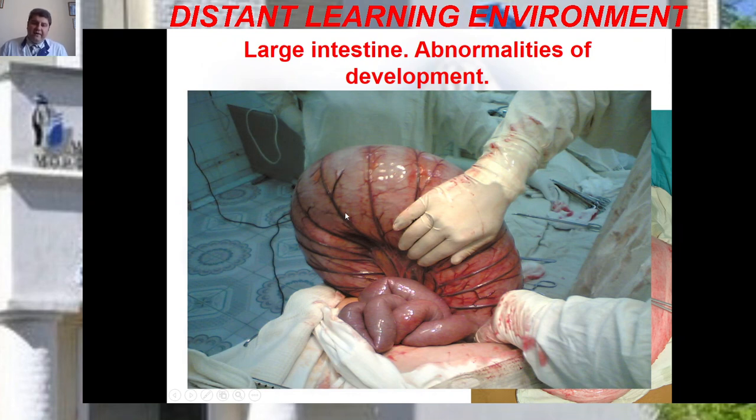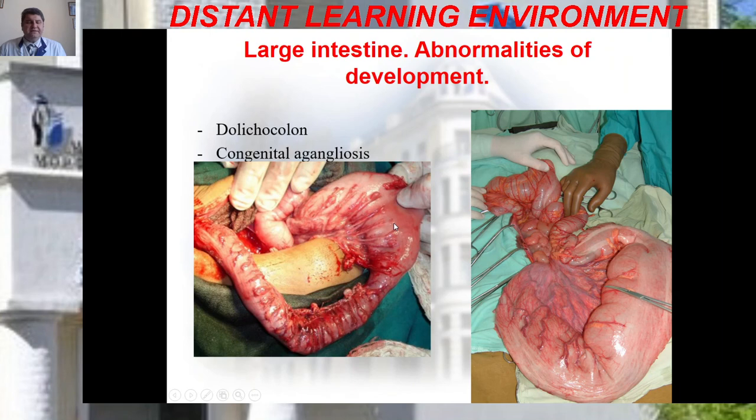You may see that the size of this colon is very big, and this aganglionosis develops with absence of innervation of the muscular part in the wall of the sigmoid colon.